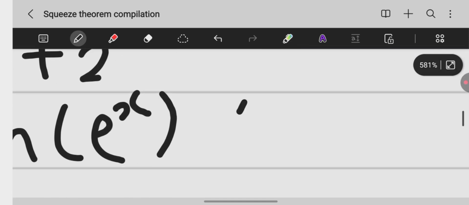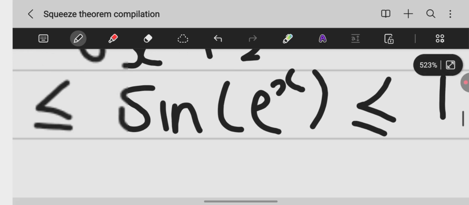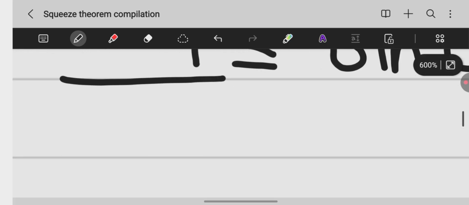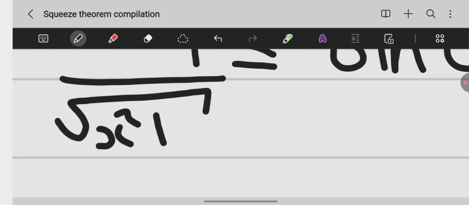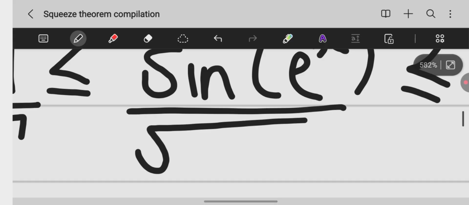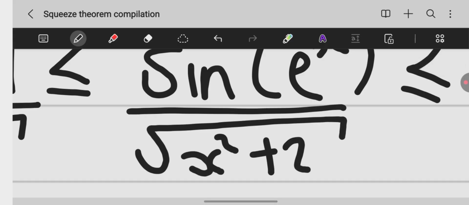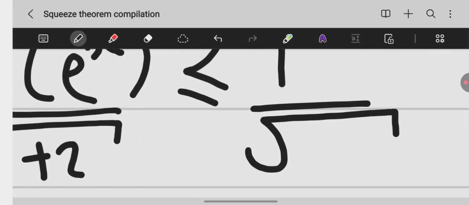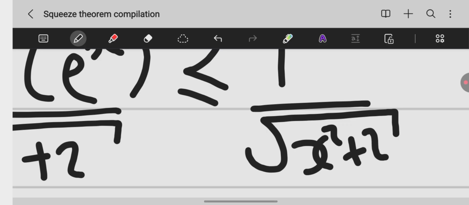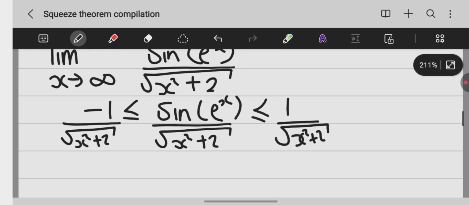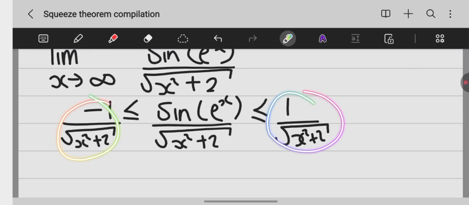So you would then also have a 1 here, and our denominator is not changing signs. So you have x squared plus 2, x squared plus 2, x squared plus 2. Right, and so from this, we can now find the limit this side and the limit that side.